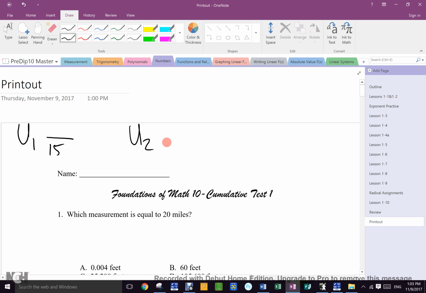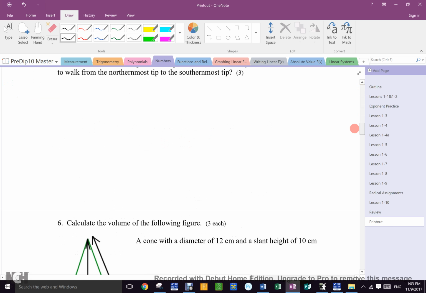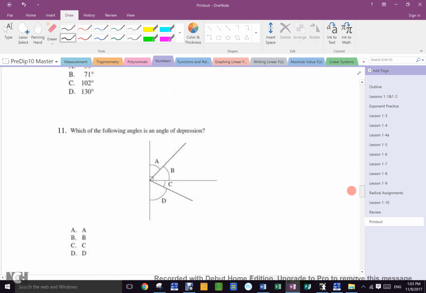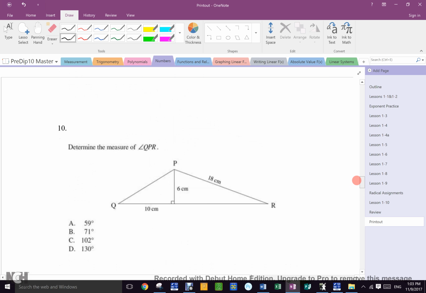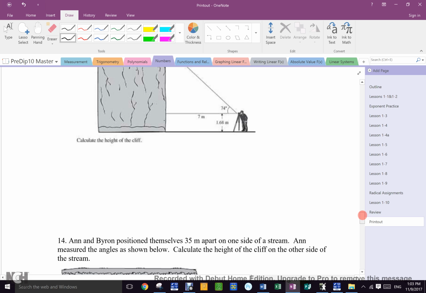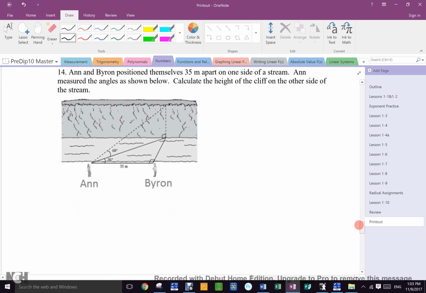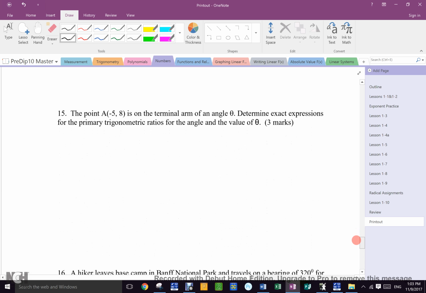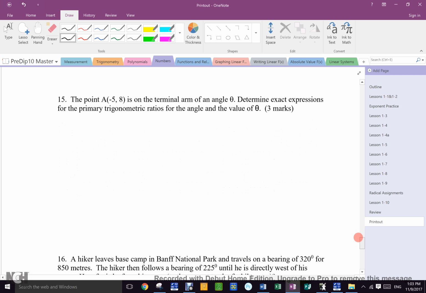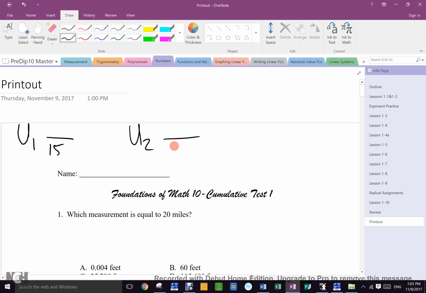Then write U2 out of 15. U2 is out of 15.